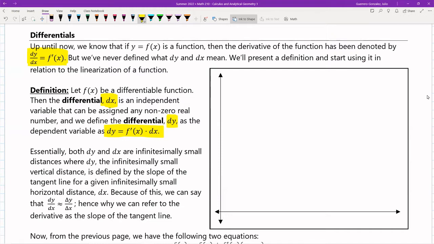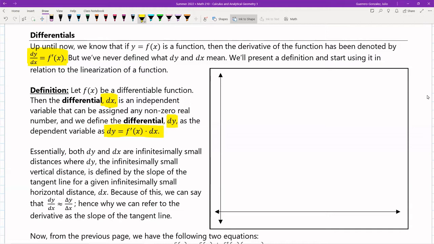With dx being the independent one, you can assign any value to it, and dy is the dependent one. It depends on dx. So that's the textbook definition of what dy and dx are.